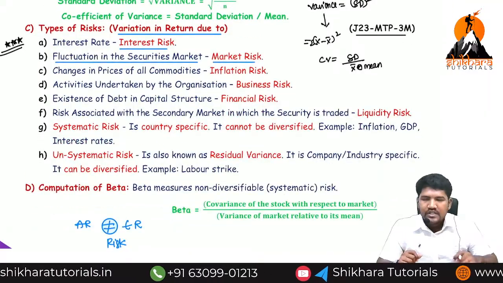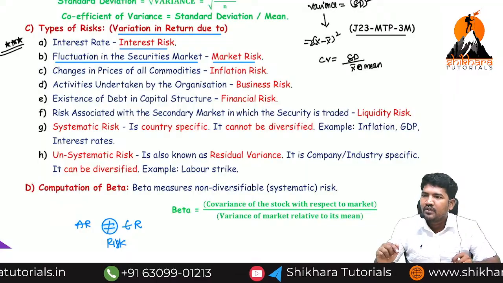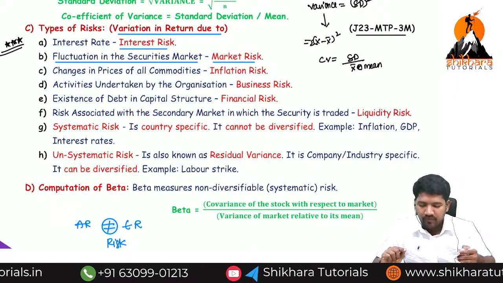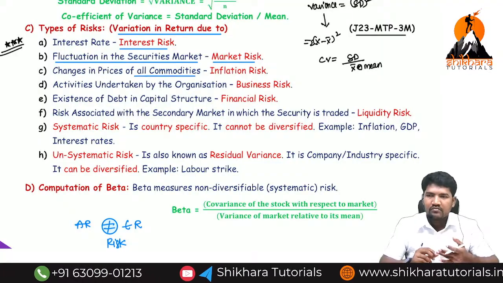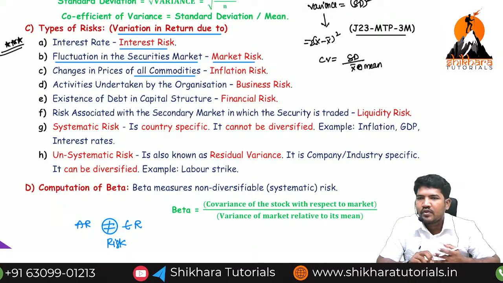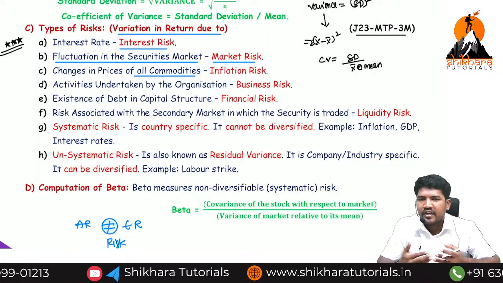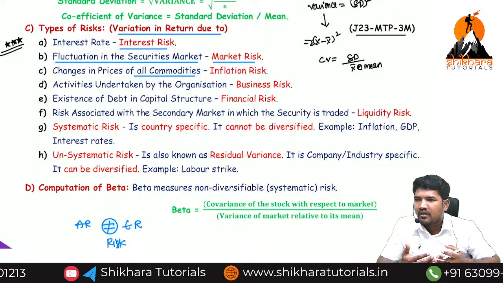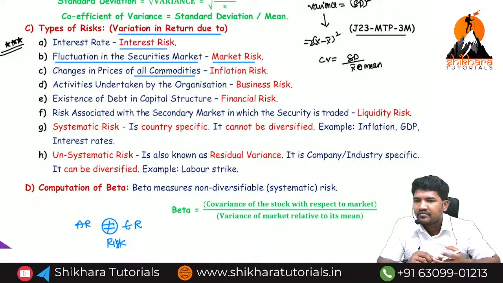Next, actual outcome is not the same as expected outcome due to changes in prices of all commodities. What does the word commodity mean? Goods. What are the goods we use in day to day life? Are you clear? So you learned inflation in foundation level. Guys, clear?